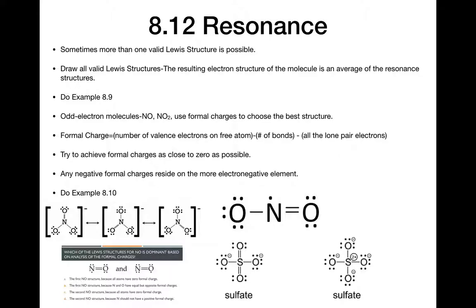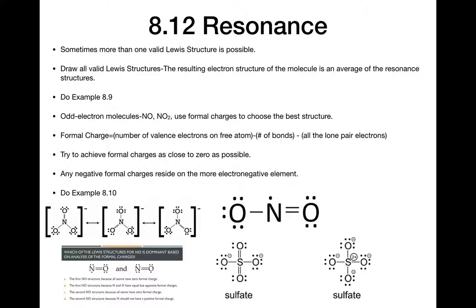NO2 is another example. If you do the formal charges, you would find in the NO2 structure in the upper right down below there, the oxygen on the left is 6 minus 1 minus 6, which would be -1. The oxygen on the right is 0, and the nitrogen is 5 minus 3 minus 1, which is +1.